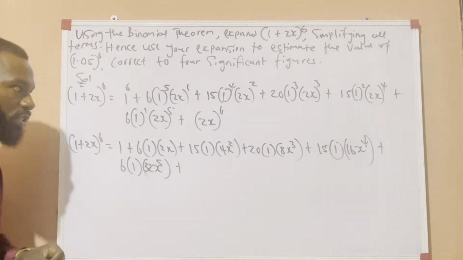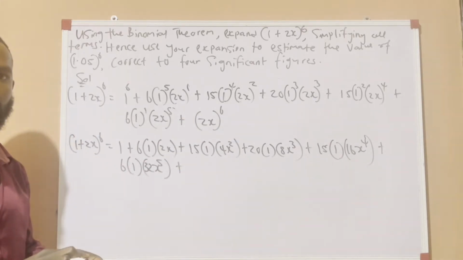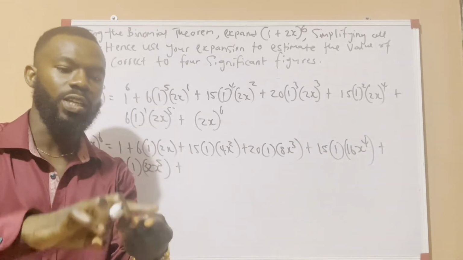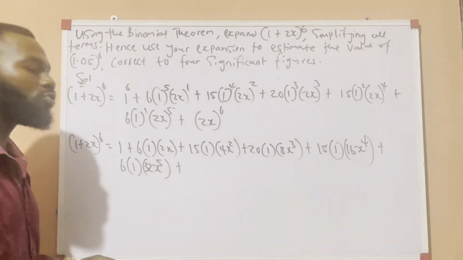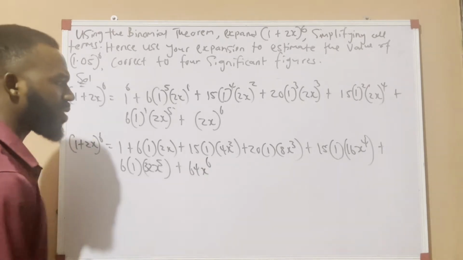And lastly, plus 2 raised to the power 6 means 2 times 2 times 2 times 2 times 2 times 2. Are you there? Now 2 times 2 is 4, 4 times 2 is 8, 8 times 2 is 16, 16 times 2 is 32, and 32 times 2 is 64. So I have 64x raised to the power 6.